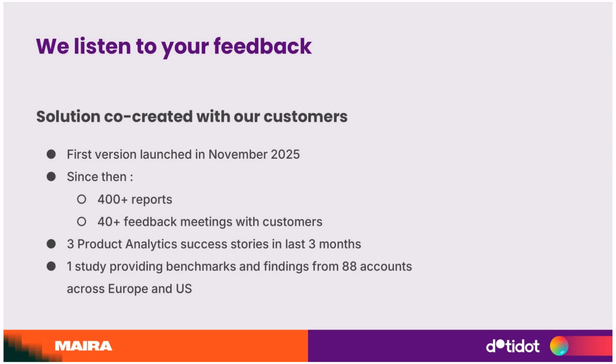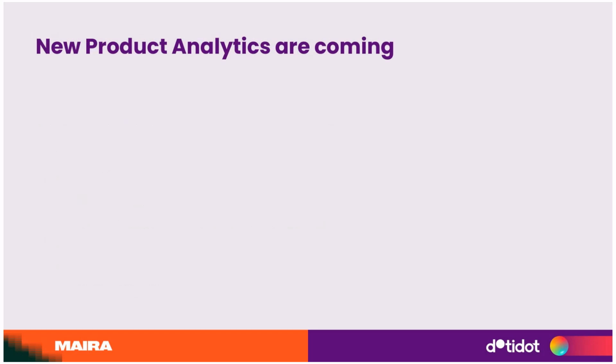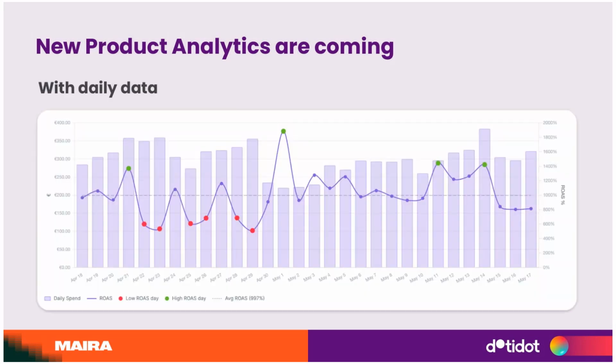I'm really happy to tell you that from next week we are launching a new version of product analytics that will show daily data, because at this moment product analytics shows a fixed 30-day window. Starting next week, the new version will provide information about the performance of every single product in Google or on Facebook, and you will be able to see how it performed on different days.